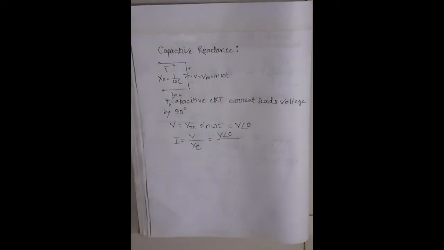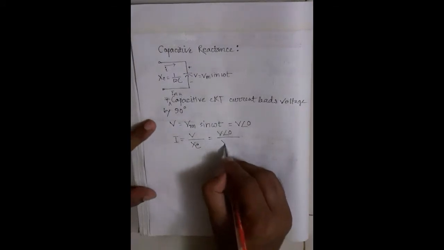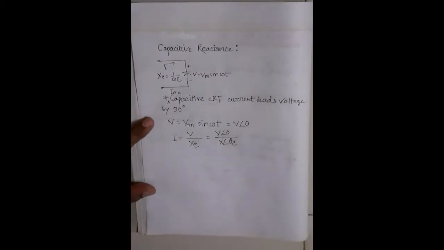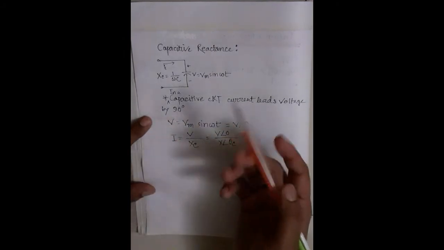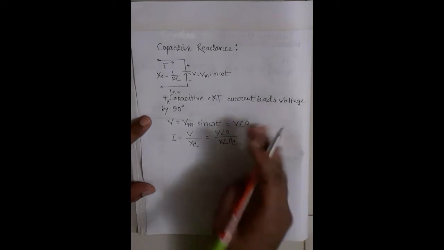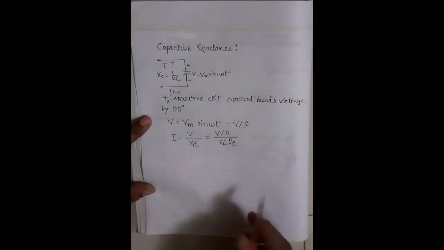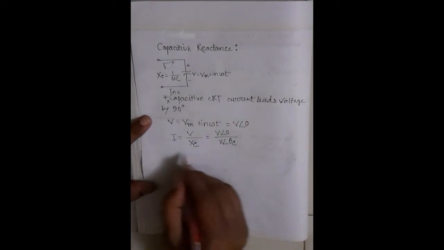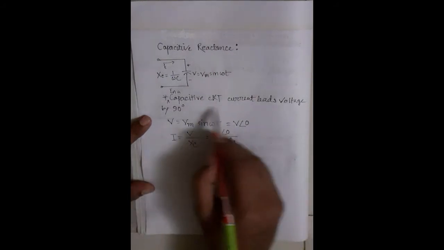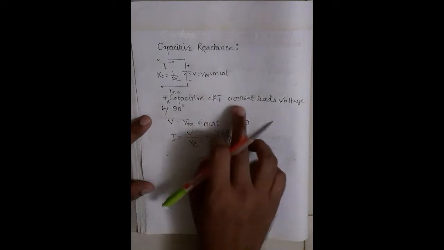What about XC? Let's say the phase angle of XC is theta of C, right? And as I have told you before, current leads the voltage by 90 degrees. I shouldn't be writing that once again, because I have written it down here.